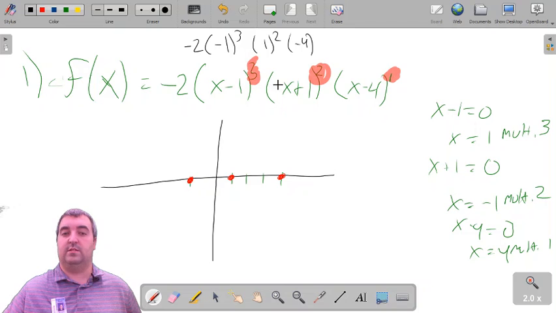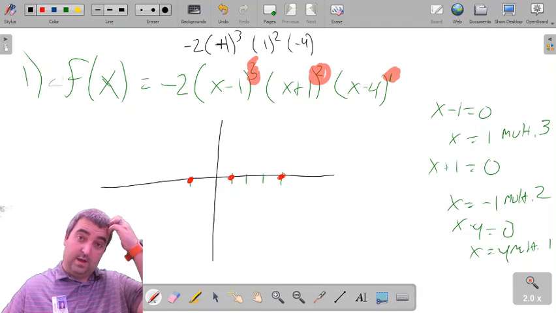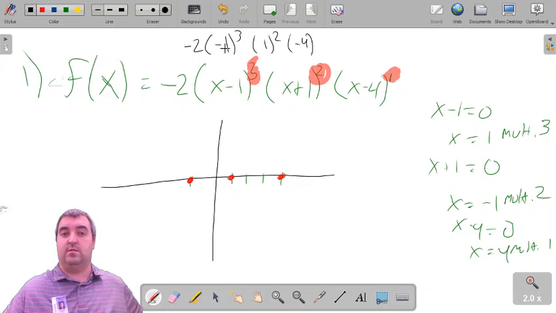That was just substituting in 0. So that's going to be negative 1 times negative 2, so positive 2, times positive 1, times negative 4, so 2 times negative 4 is negative 8, which means my y-intercept is going to be all the way down here at negative 8.